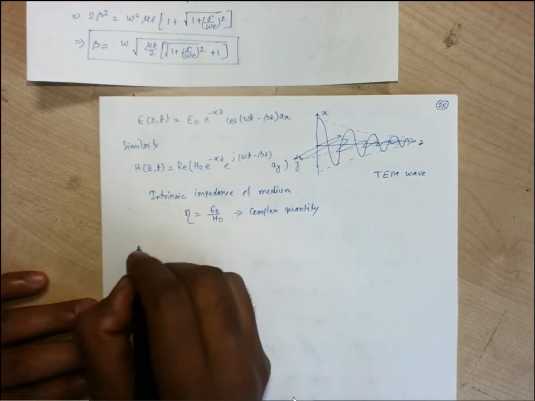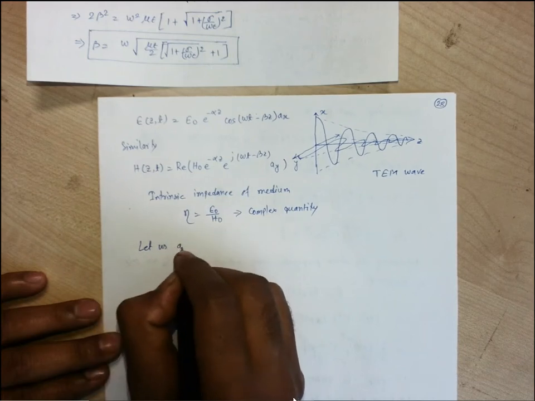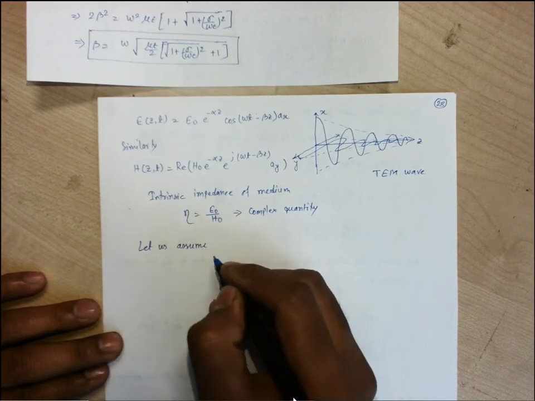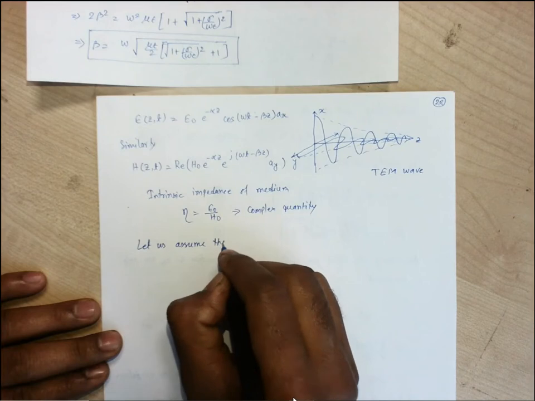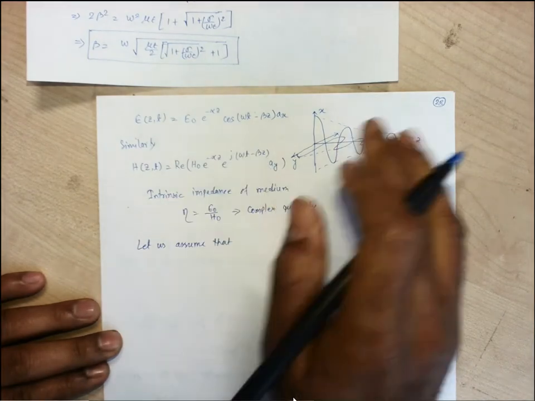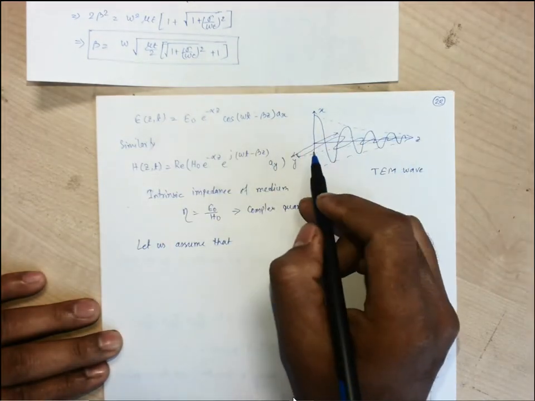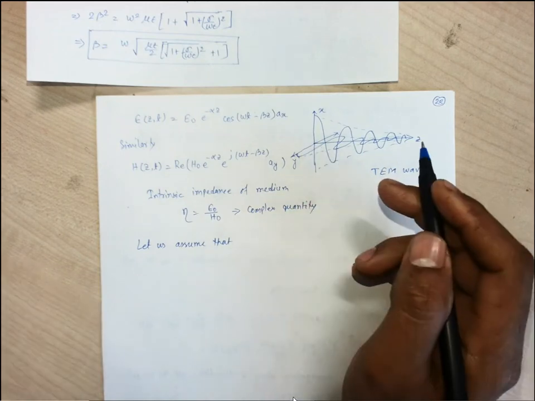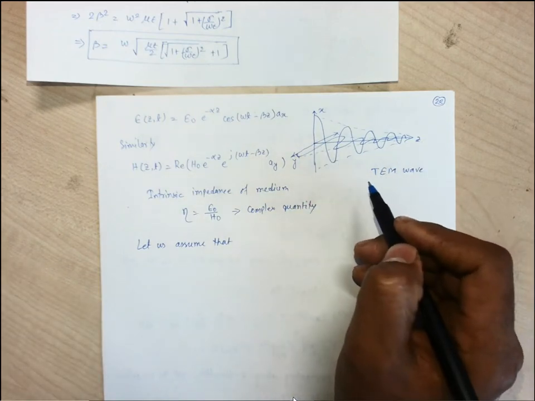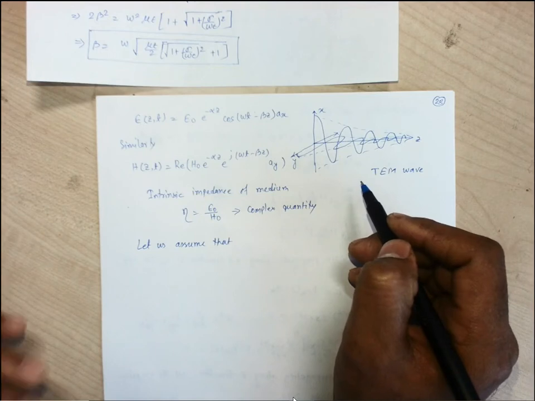So let us assume that the plane wave, the field components are lying on a plane, that is for this case the transverse plane. So this kind of wave is known as plane wave.